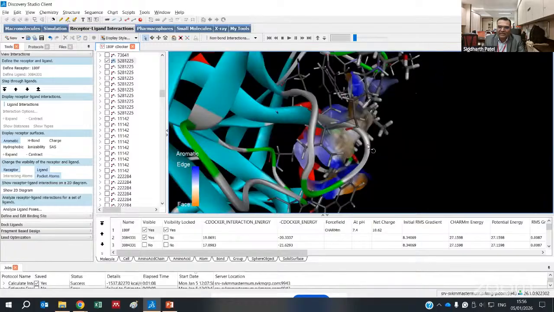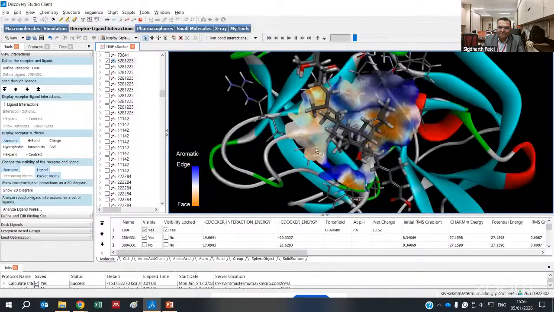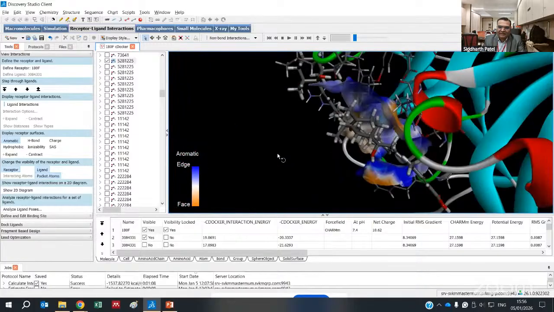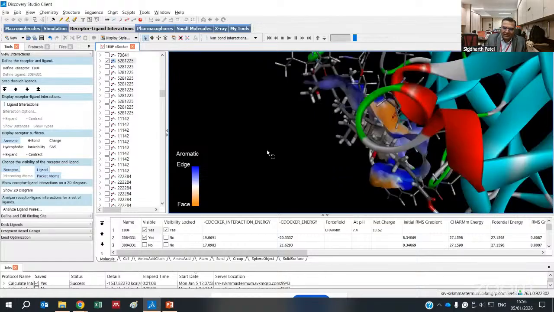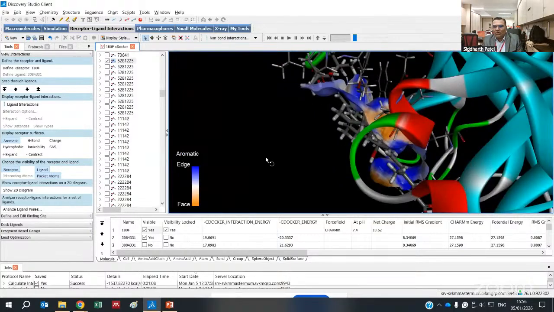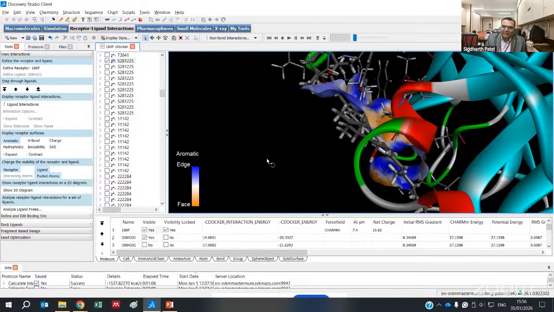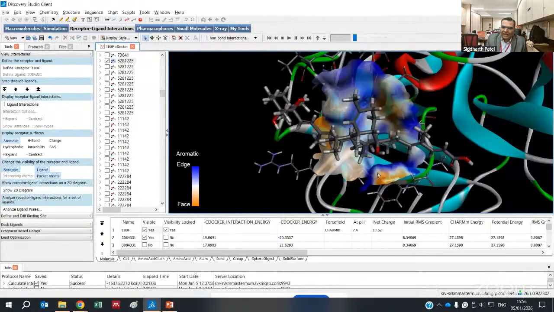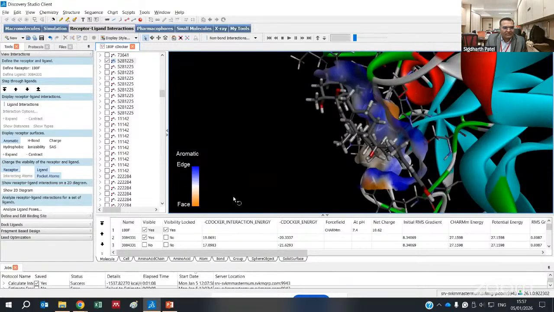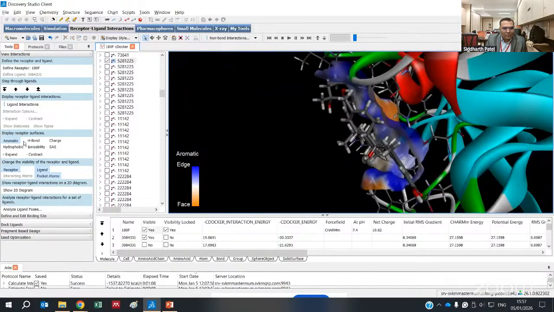You can see the slight orange color, and that orange color is the face of the aromatic ring, either above the plane or below the plane, and the blue color is the edge of the aromatic ring. So if you want to understand the effect of hydrophobicity or the aromatic effect, then you can choose this option.